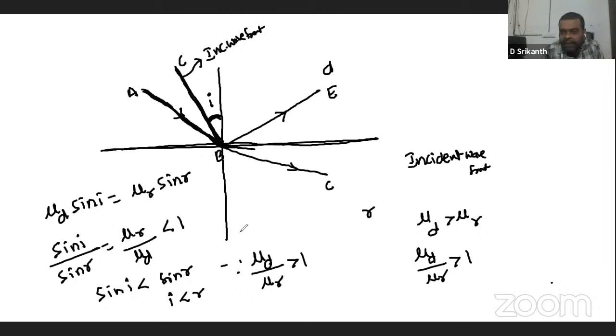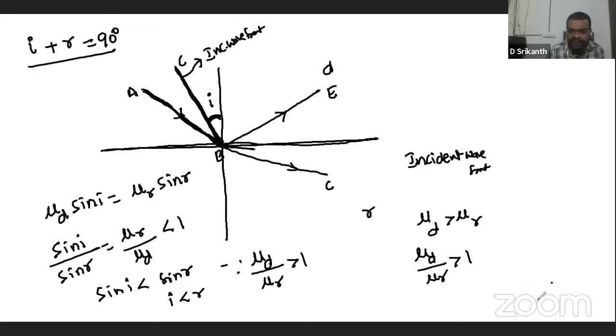Second point: the incident wavefront and refracted wavefront are always perpendicular to each other, such that the angle between the incident wavefront and refracted wavefront will be 90 degrees. That is the theoretical one.